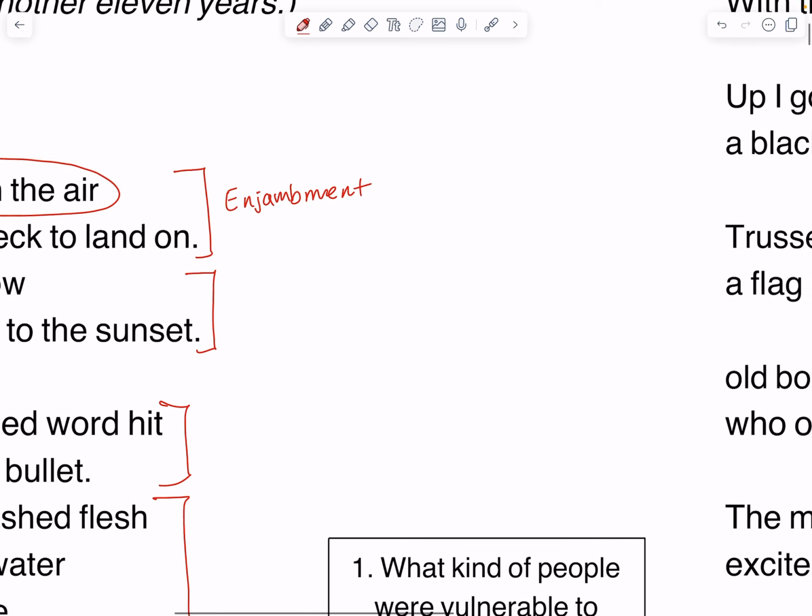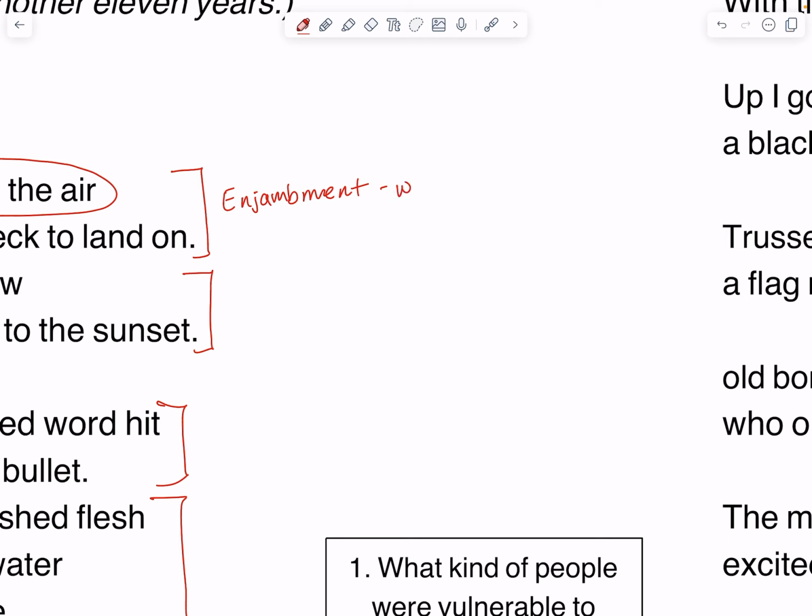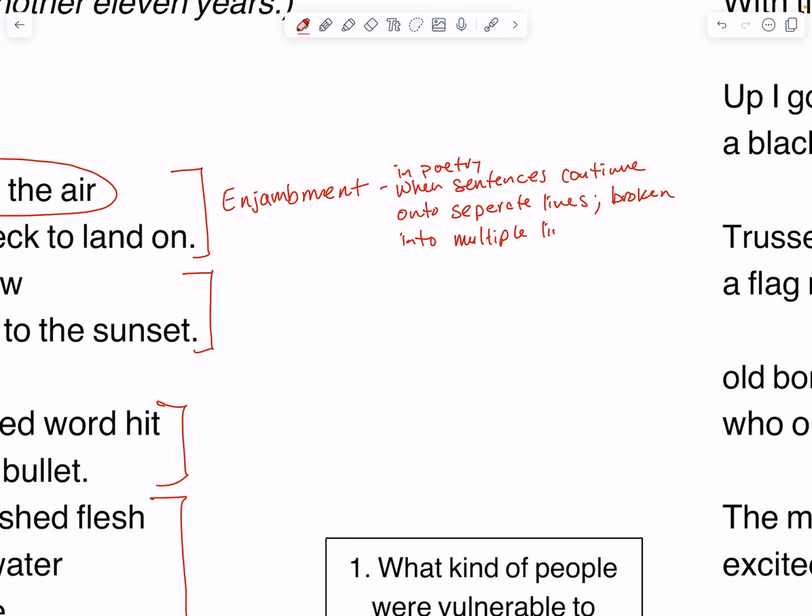Okay, and an enjambment, again, in poetry, is when sentences continue onto separate lines, they are broken into multiple lines, okay?